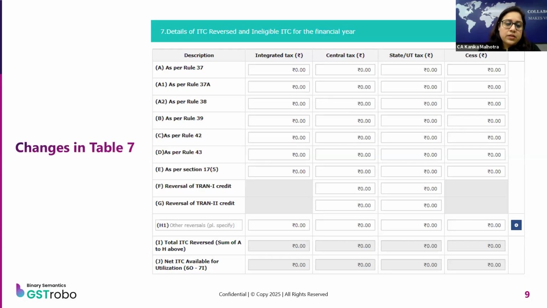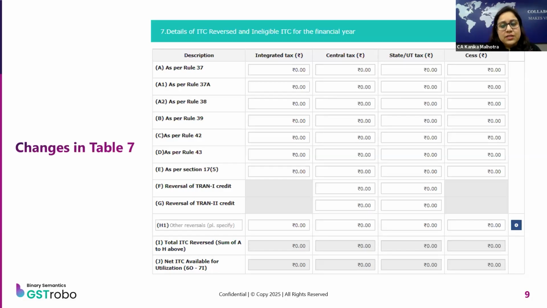It is the personal expenses, and if you have goods lost, stolen, or through theft, any such cases, all these are under the blocked categories. Tran 1, Tran 2 credits belong to the previous period, at the time of the transition from VAT or excise into GST. These are those time credits.